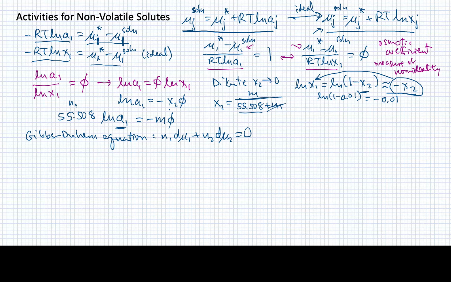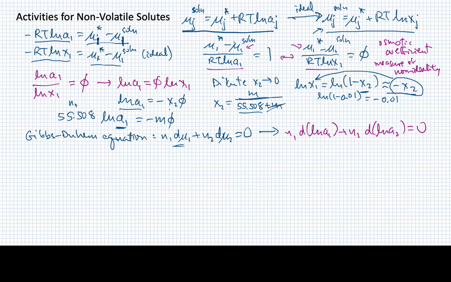But we've seen that we can rewrite this in terms of the activities, because the differential of the log of the activity is akin to the differential of the chemical potential. So in fact, one can rewrite this equation in a much more helpful form as N1 d log A1 plus N2 d log A2 is equal to 0.